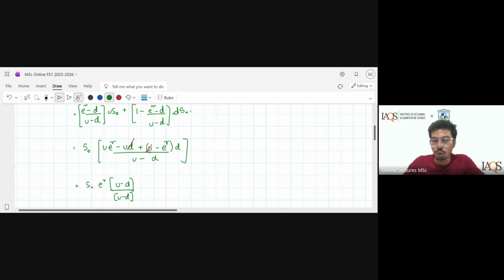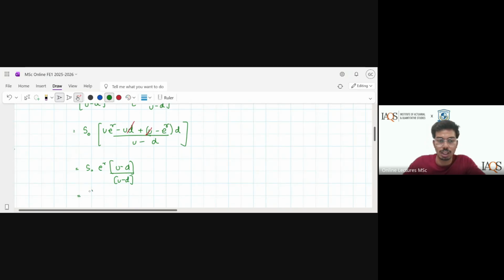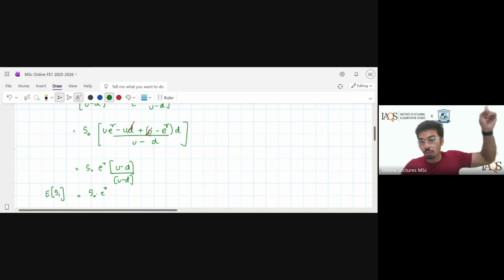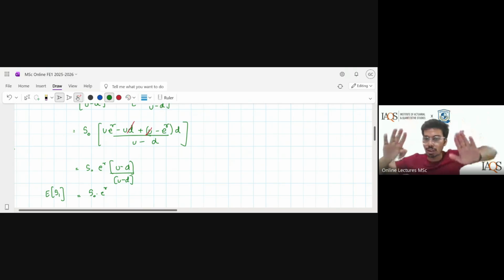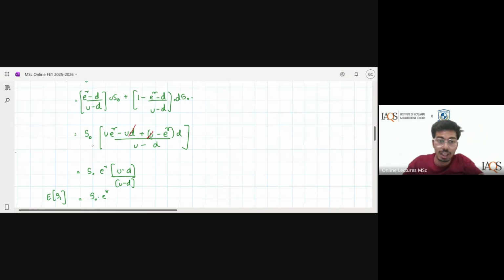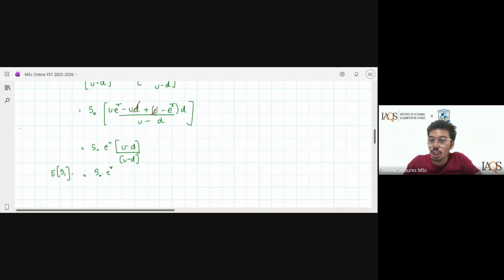U e raised to R minus D e raised to R, e raised to R common, U minus D I have, which will get cancelled out. This we've already proved; I've just done it again over here. I didn't reference it to where we've done it, but in the part where I presented risk neutral probability and real world probability, we've already proved that the expectation of S1 is nothing but my current asset price into e raised to R. Everyone comfortable till here?